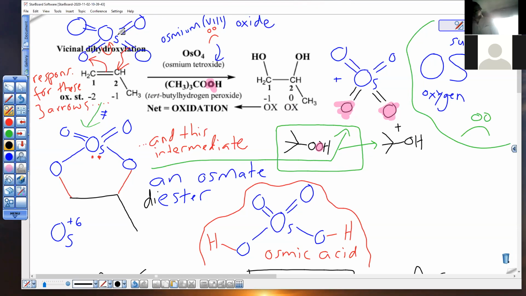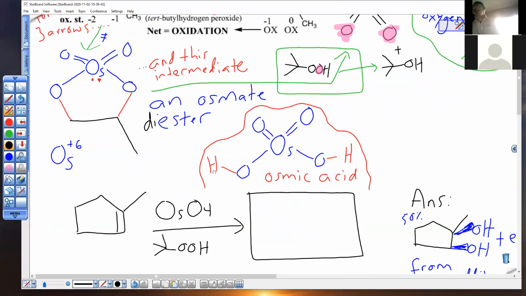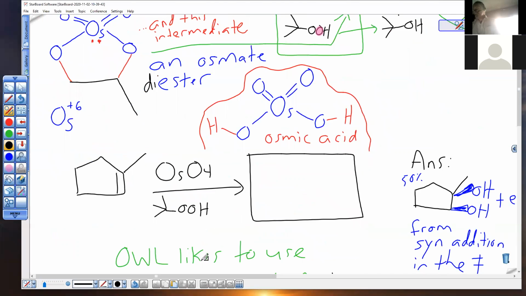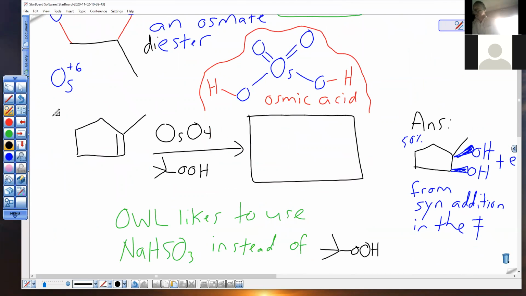Osmium 8 oxide is very expensive, and it's also very toxic. And by making a catalytic amount, the amount needed, you're reducing your exposure by a factor of at least 10. So two good reasons to use the tert-butyl hydrogen peroxide instead of sodium bisulfite, but OWL still likes sodium bisulfite.